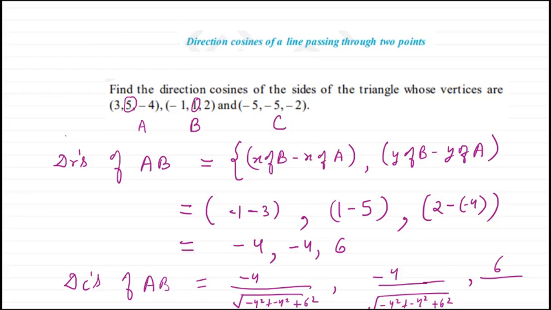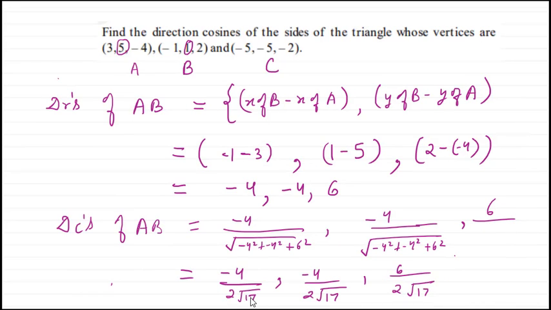So that will be minus 4 by 2 root 17, minus 4 by 2 root 17, 6 by 2 root 17, and you can simplify it a little bit, so that can be written as minus 2 by root 17, minus 2 by root 17, then 3 by root 17. And this way you can find out the direction ratios and DCs of BC and CA as well.